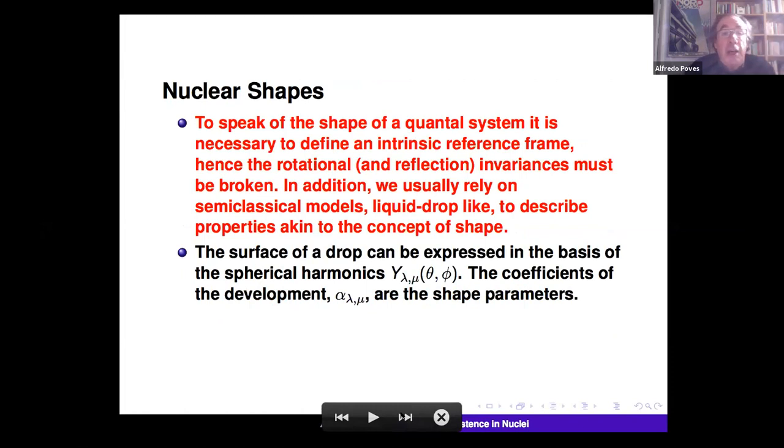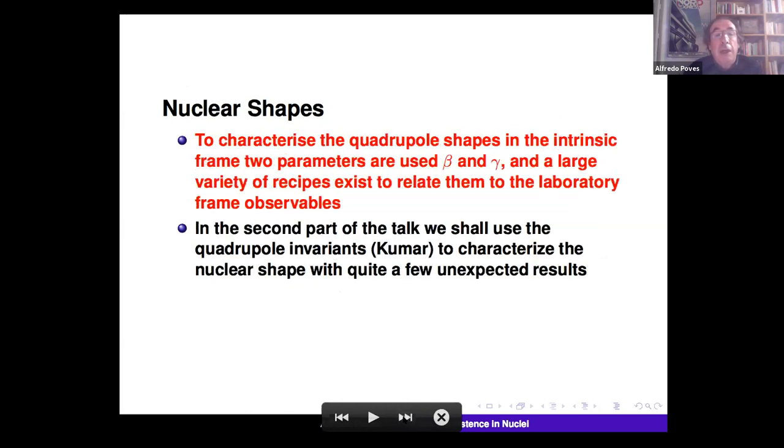To speak of a shape, you need to define an intrinsic reference frame, breaking the rotational and/or reflection symmetry, and you rely in semi-classical models all the time to speak about shapes, because you use the parameters that describe the surface of a drop, and these are the famous beta and gamma.